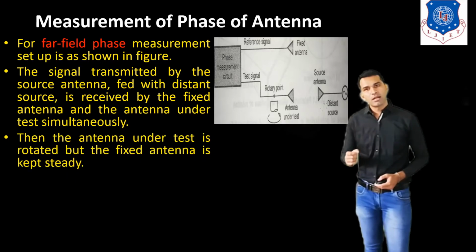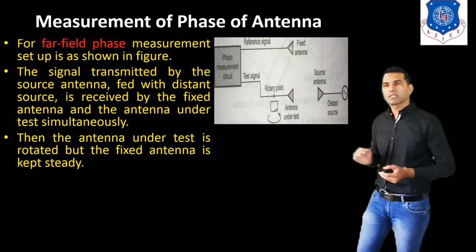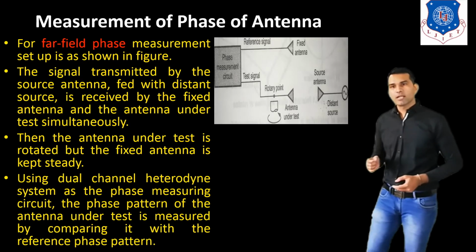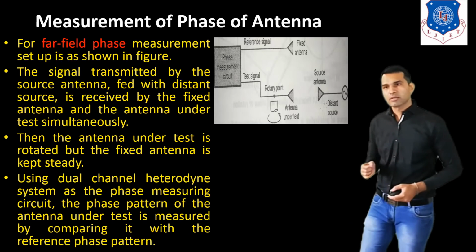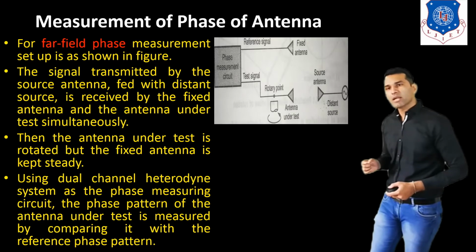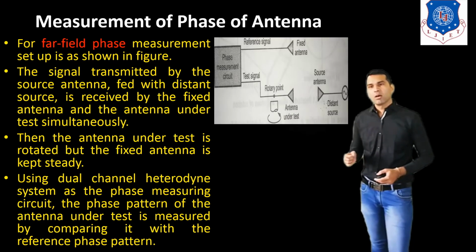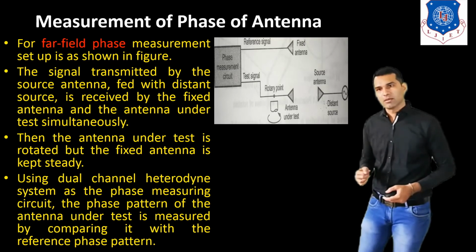Then the antenna under test is rotated but the fixed antenna is kept steady. Using the dual channel heterodyne system as the phase measuring circuit, the phase pattern of the antenna under test is measured by comparing it with the reference phase antenna pattern.